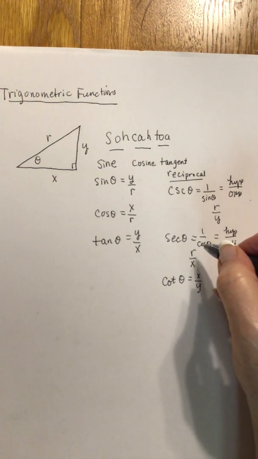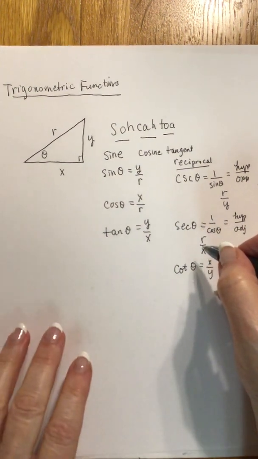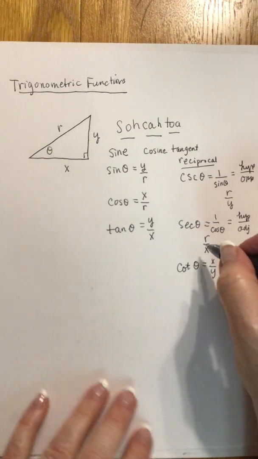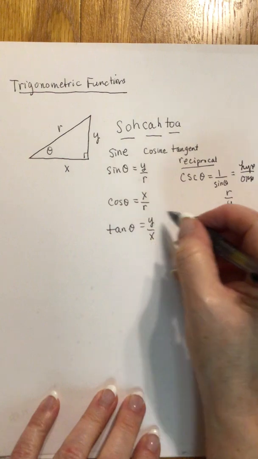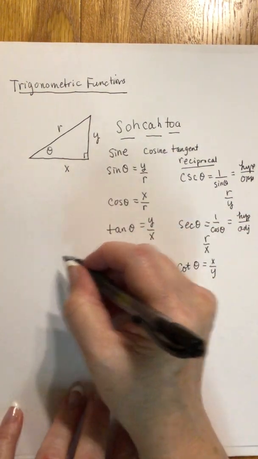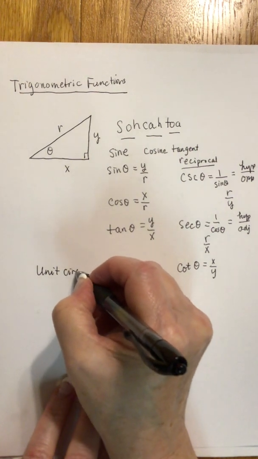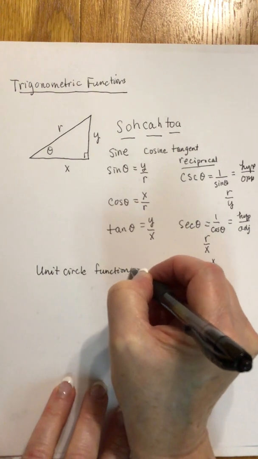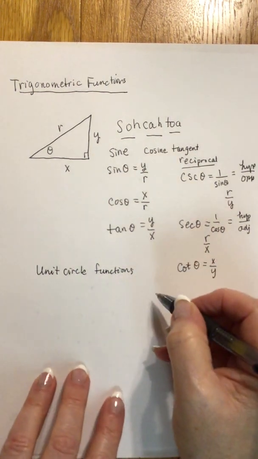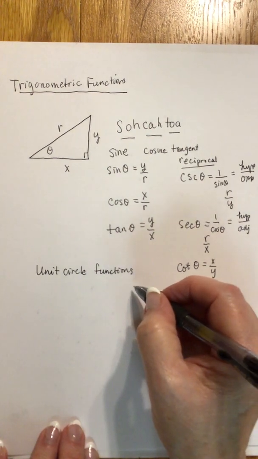Now, this is if we're doing it in a right triangle. But how do we go about putting this inside the unit circle? We know that in the unit circle the radius is 1. So somehow we want to get this radius to be a 1. So if I make all the radii 1, then I get these. So this is the unit circle functions. You're still using the same opposite over hypotenuse, adjacent over hypotenuse, and so forth.